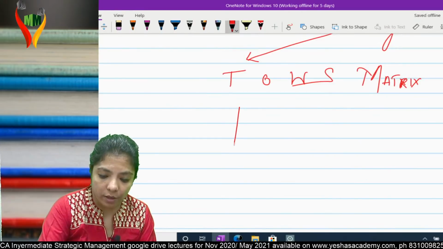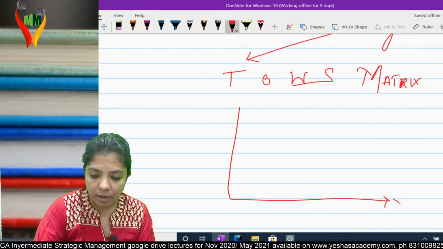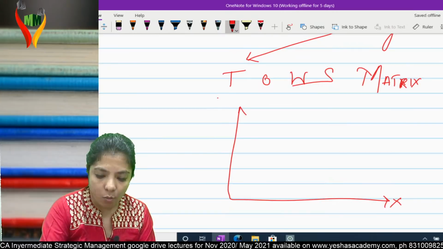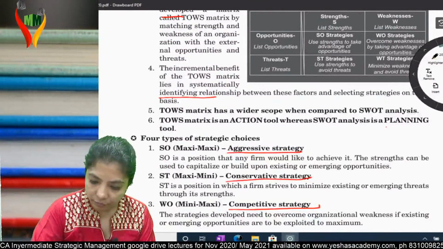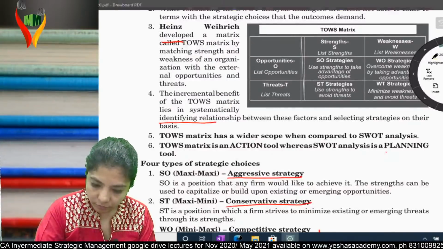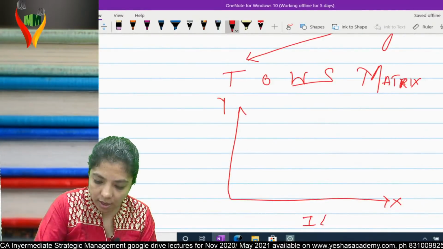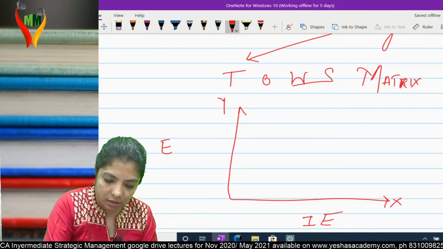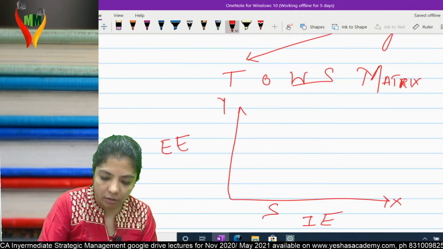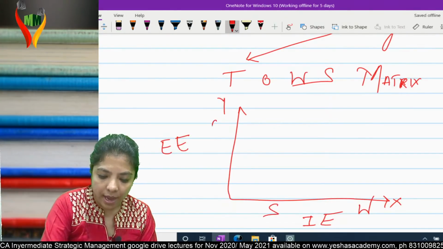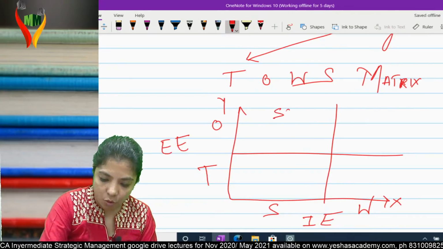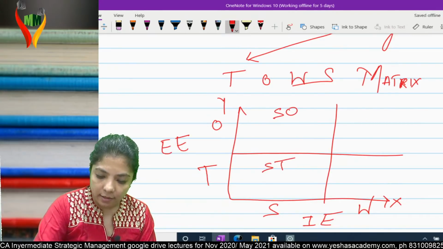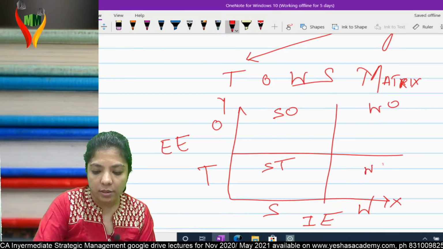So what we do here is take two axes, x and y: internal environment and external environment. Internal gives me strength and weakness. External gives me opportunities and threats. How many cells? Four. This is SO, this is ST, this is WO, this is WT.